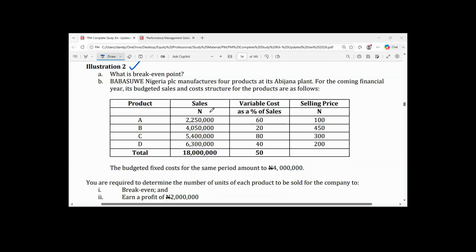Hold on. Which one is Babasue? Yeah, go ahead. Meshach, I can't hear you from here.